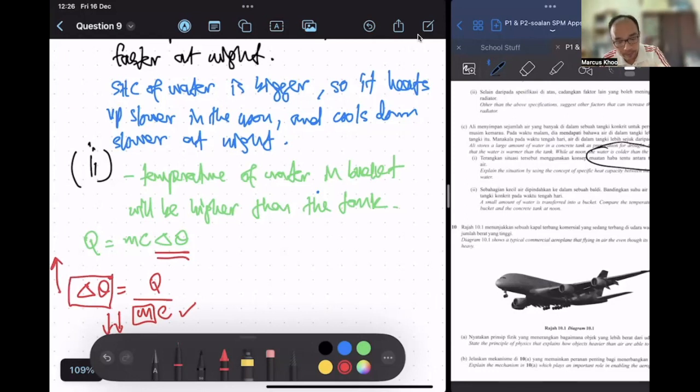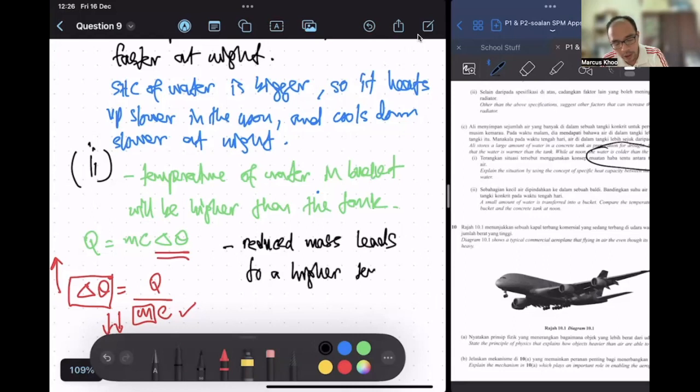If there was a second mark for this, I think there must be because it's 2 marks, the second mark will probably be an explanation. How I would explain this is: the reduction of mass, reduced mass, leads to a higher temperature change. That is how I would answer this question for 2 marks.